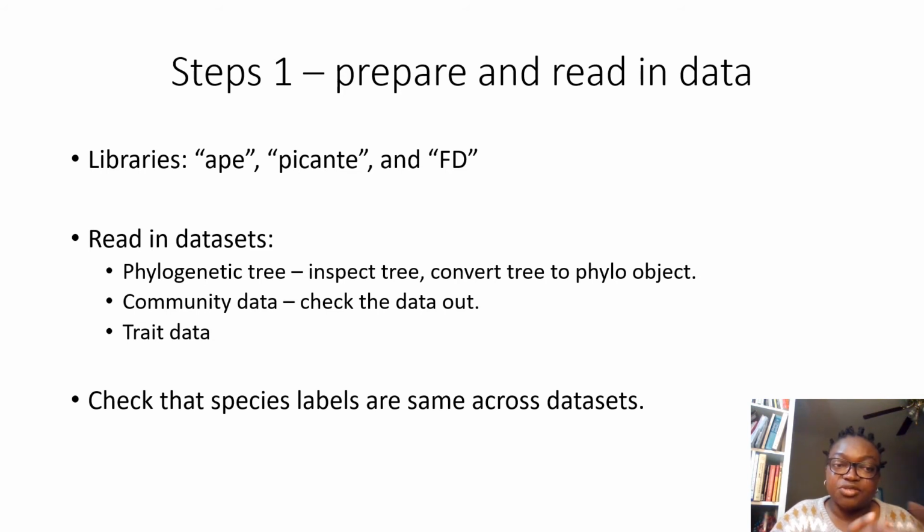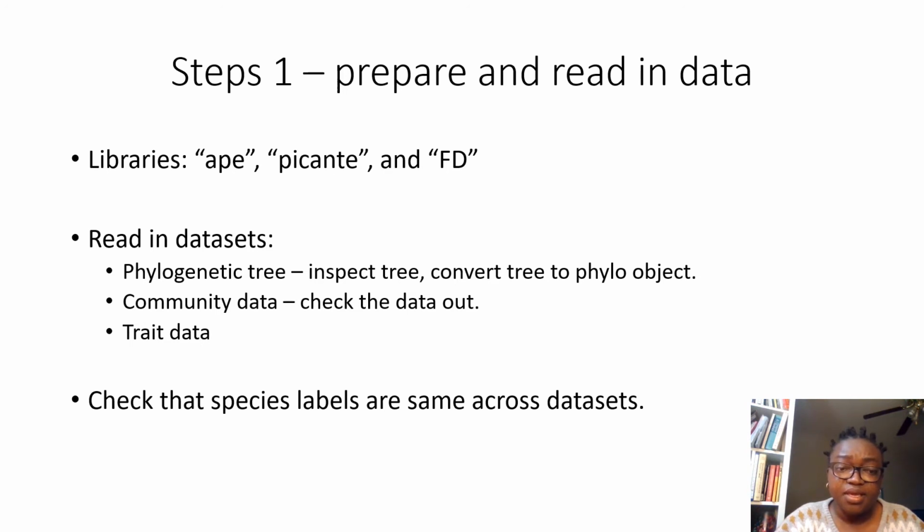We're going to start off by reading the phylogenetic tree, inspecting the tree, and converting the tree to a phylo object. If you've gone through the notes, you're going to see all of these steps laid out. But we're also going to put in the community data, check it out, make sure it's as it should be, as well as the trait data.